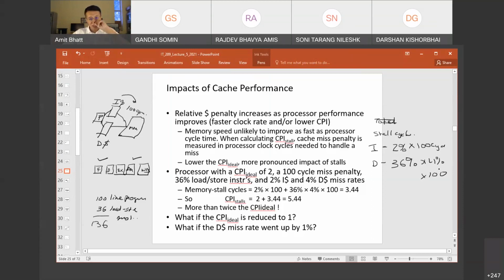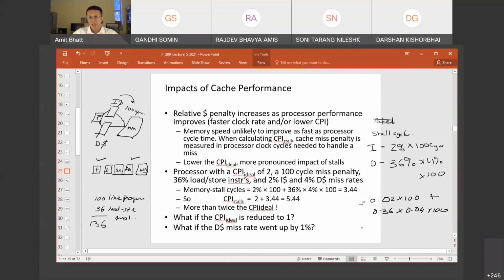Now, this is conceptually very important to understand. What I'm saying is the total number of miss cycles would be equal to 2% in fractions, 0.02 multiplied by 100, plus 0.36 multiplied by 0.04 multiplied by 100. This is because of data.